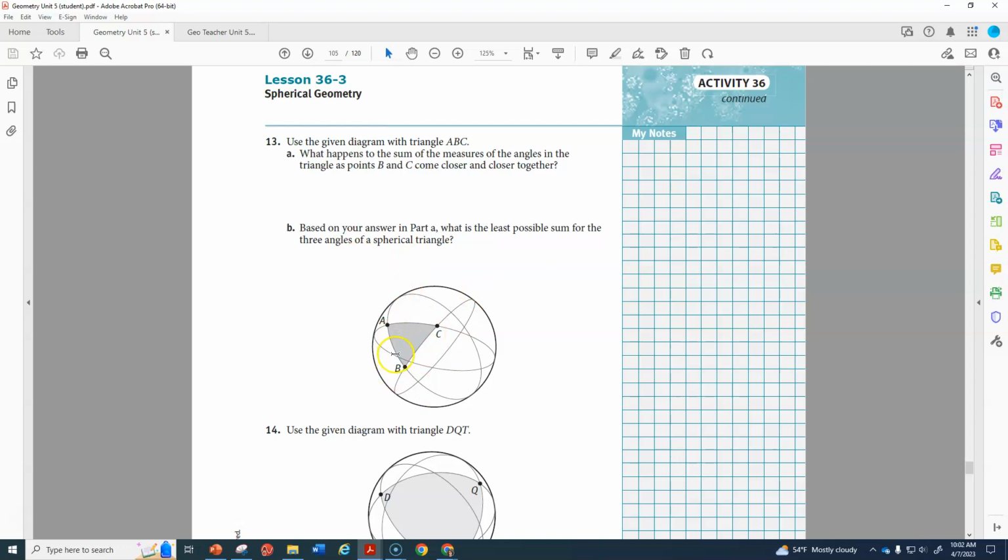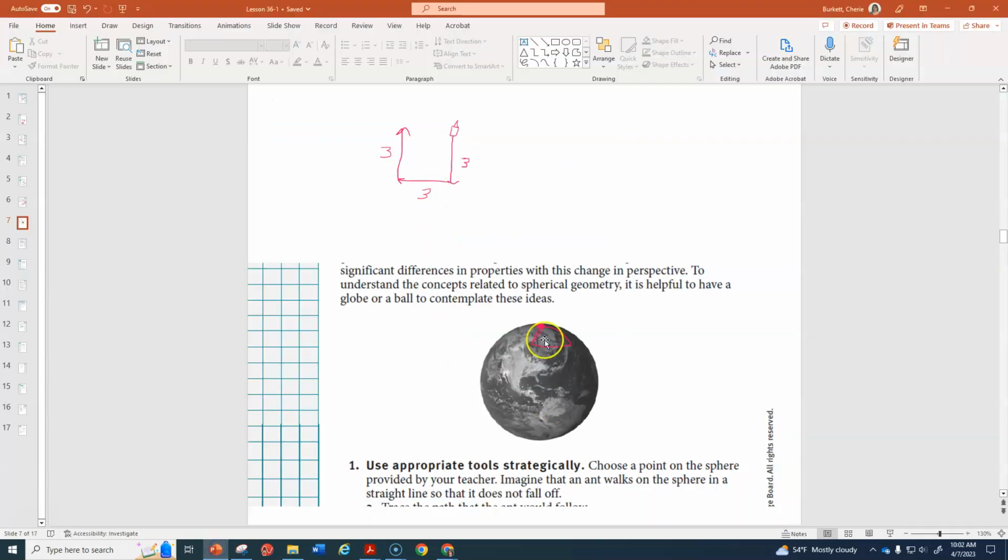And a right angle in spherical geometry is not necessarily 90 degrees, which is how I was able, on this thing right here, to make a triangle out of walking 3 miles, walking 3 miles, walking 3 miles. That turn from going south to going west would be a 90-degree angle in plane geometry. In spherical geometry, it would not be. It would probably be a little bit more.